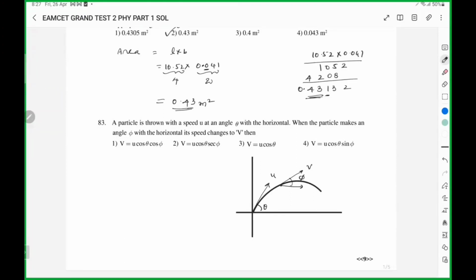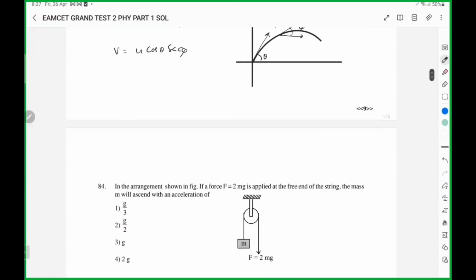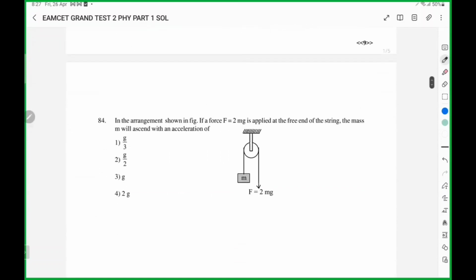Then horizontal velocity is not affected throughout the path. So u cos theta is v cos phi. He is asking v, which will be u cos theta into secant phi.